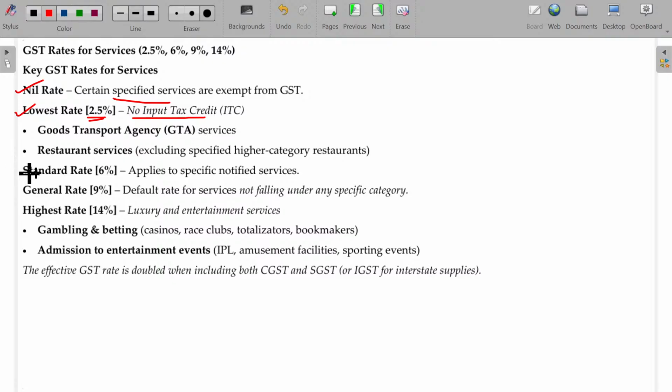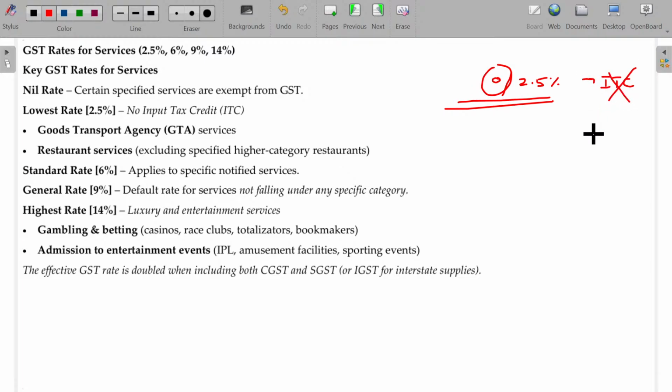And standard rate for most of the cases 6%, general rate 9%, and highest rate 14% also possible. Okay, you never bother about the rates for the goods. You bother about the rates for the services. Composition levy, and this will be for the exempted goods. And normal ITC, in these cases, you cannot claim the ITC. You cannot claim the ITC.